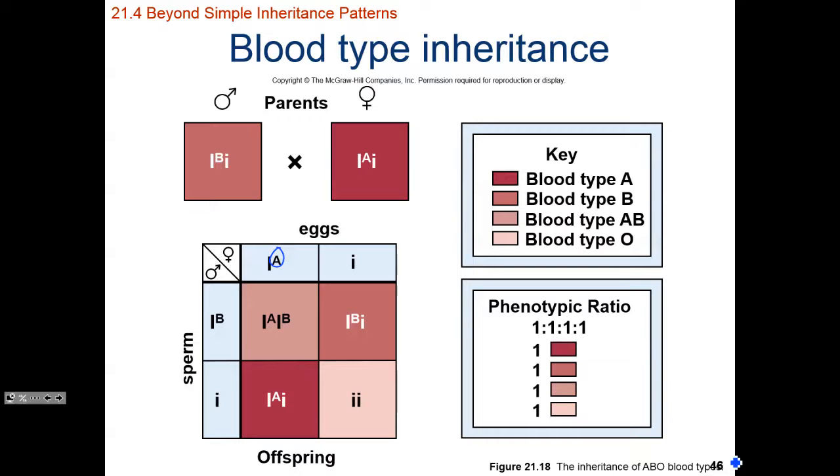We use the placeholder superscript system when there are more than 2 possible alleles of the same gene. So dad could pass on the B allele, or he could pass on the recessive O allele. I've sometimes seen this abbreviated as a capital I with an O superscripted on it as well.